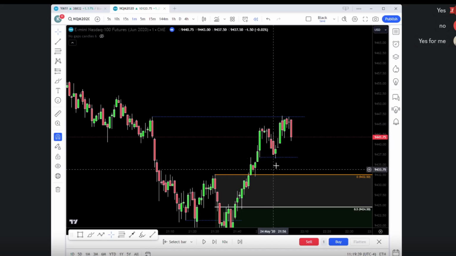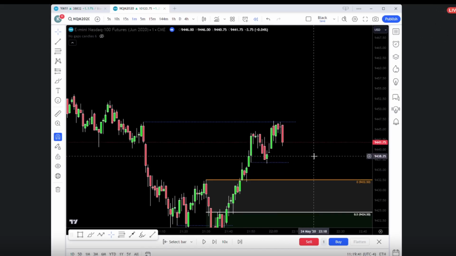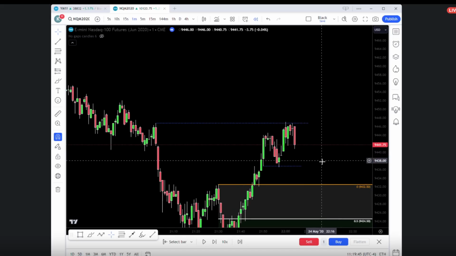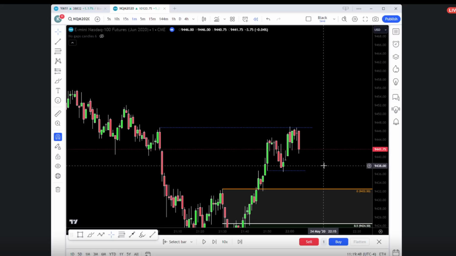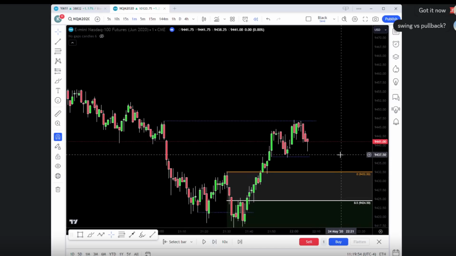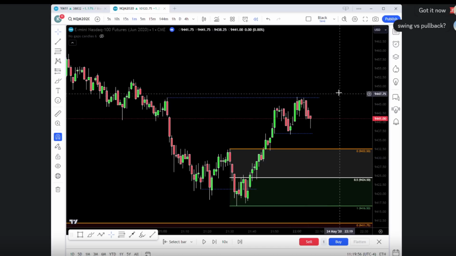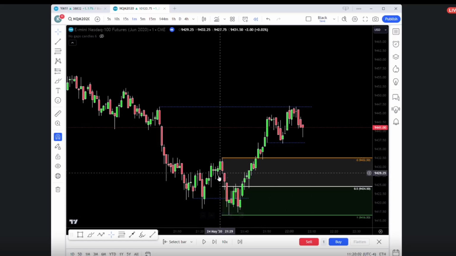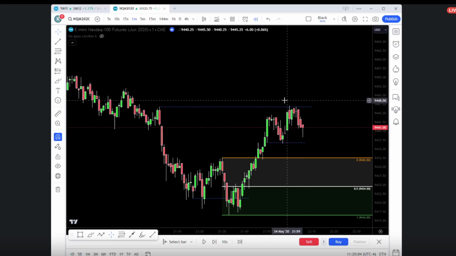So this is not a valid pullback on the 1 minute. Your pullbacks create your swings. Your first down move is your first swing, and now we're looking at where our second swing is.